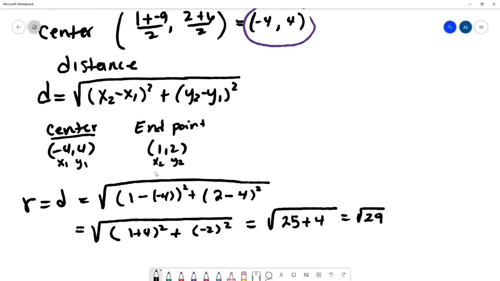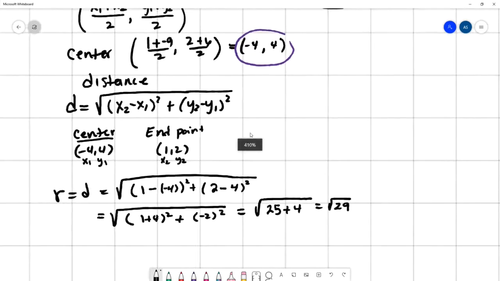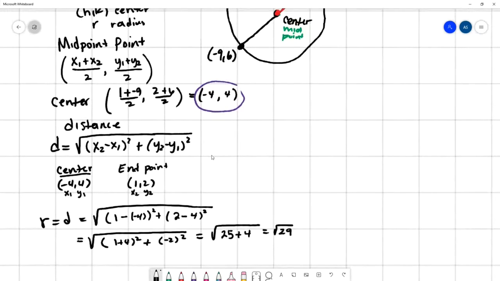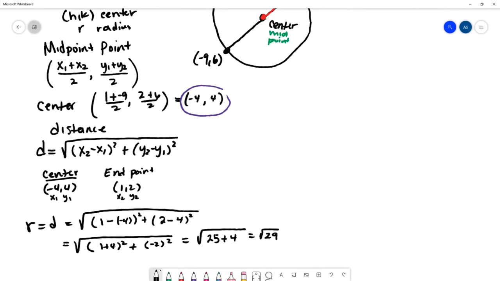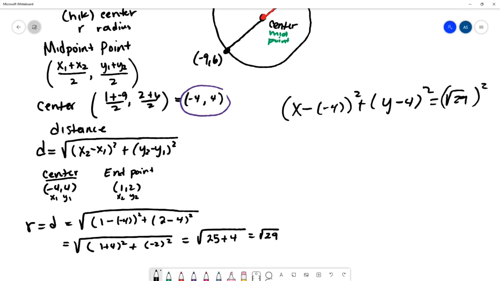So now that we know the center and the radius of our circle, we can write the standard form. That's (x - (-4))^2 + (y - 4)^2 = the radius squared. And I'm going to simplify two things here.